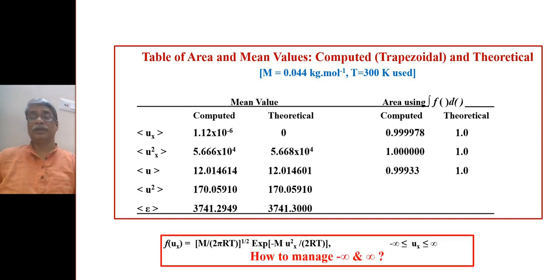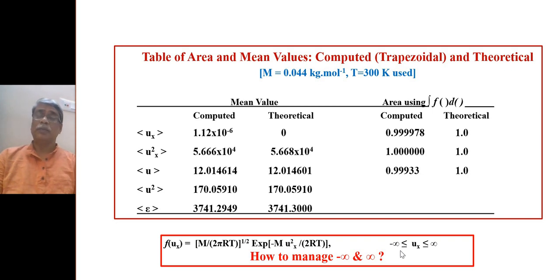But one question I must raise separately: in some of the cases, when you are going for integration, you need a range, and that range for this distribution function goes from minus to plus infinity for 1 dimension, and for 3 dimensions it is 0 to infinity.